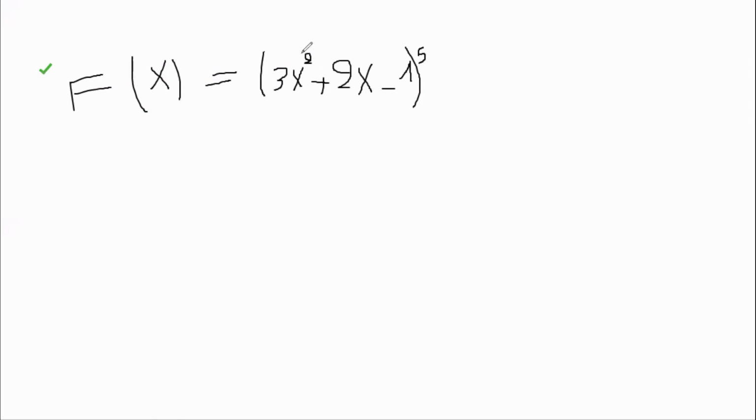The inside function is 3x squared plus 2x minus 1. That's why this is g of x. g of x is equal to 3x squared plus 2x minus 1, the inside function, what is inside the parentheses.